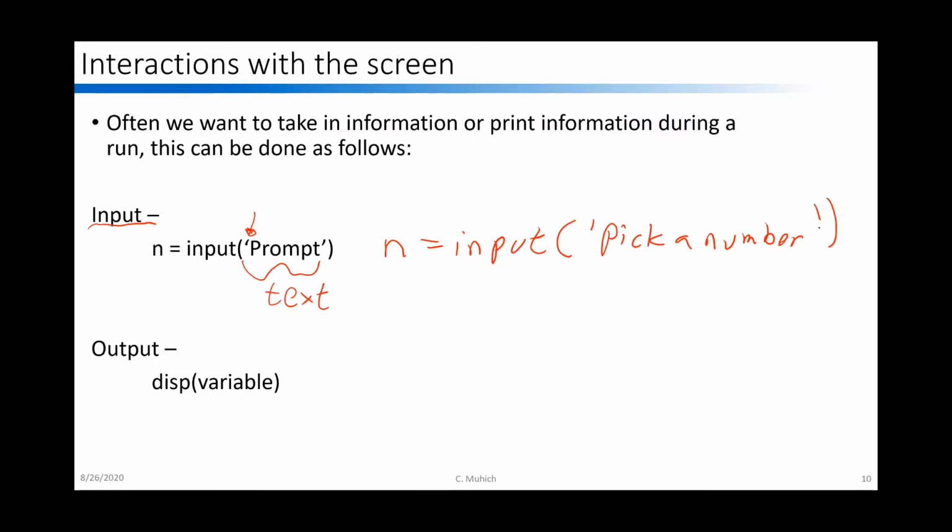Then in output, we may want to display what just came in. And we can display something to the screen using this output. So we could either display a variable or text. So we could write display, or disp, sorry, to display text 'you picked'.